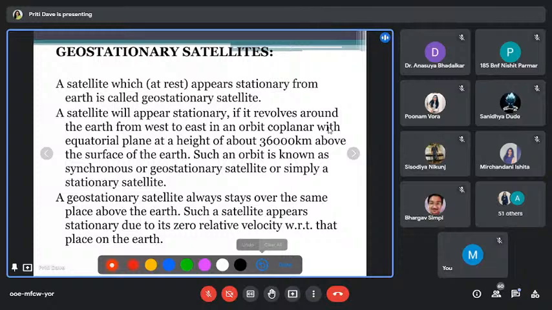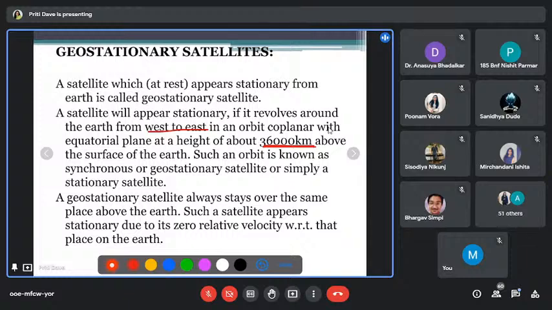Now, a satellite will appear stationary if it revolves around the Earth from west to east, all right, in an orbit coplanar with equatorial plane and at a height about 36,000 kilometers from the surface of the Earth. Now, this is known as a synchronous satellite, all right, or simply a stationary. Synchronous means in sync with. That is what is known as synchronous.